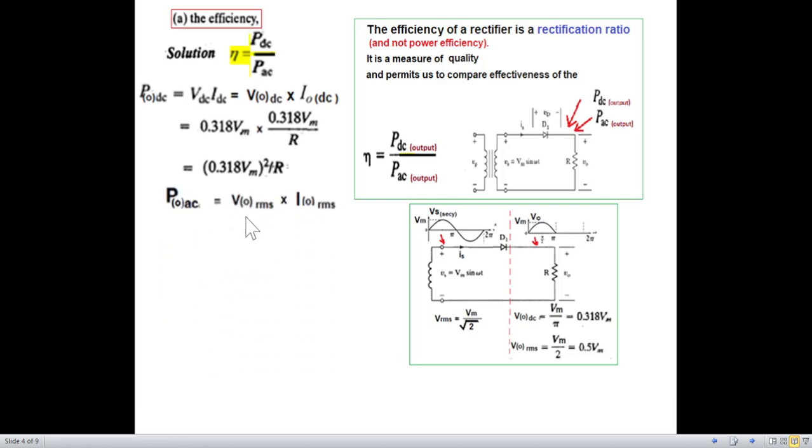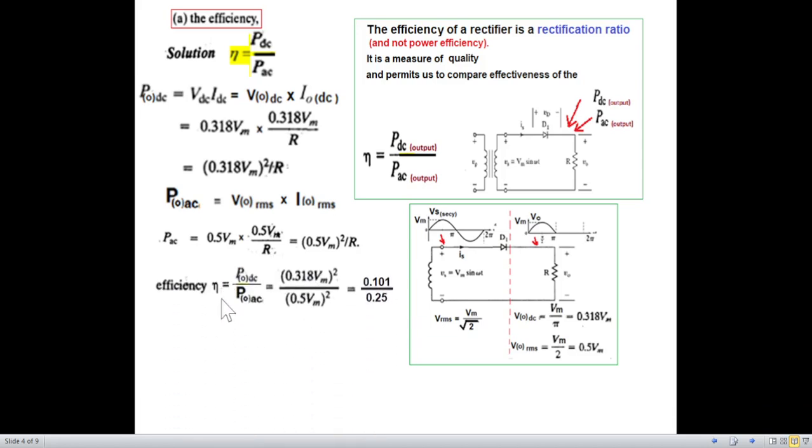Similarly, PAC is VORMS into IORMS. Remember, this is our VORMS, 0.5 Vm, and when 0.5 Vm is applied, the current will be 0.5 Vm over R. So this is PAC, and the ratio of the two will give us the efficiency. It will be 40.5% if we solve this.